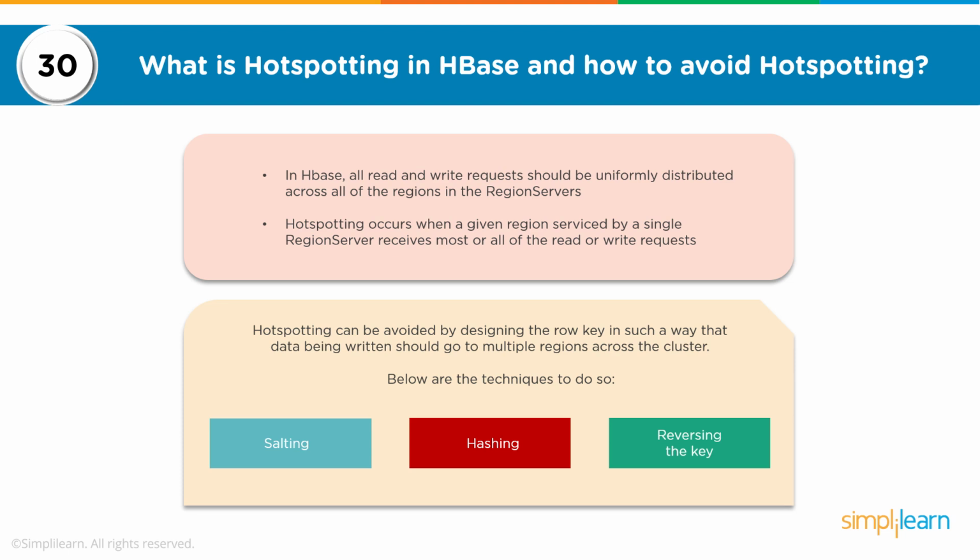We need to make sure that the regions are spread across region servers so that your read and write requests can be satisfied from different region servers in parallel, rather than all requests hitting the same region server, overloading it, which may also lead to the crashing of a particular region server.